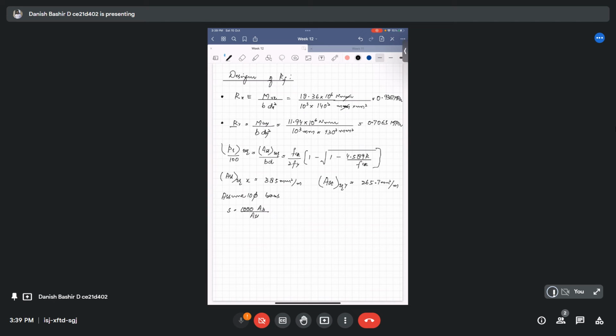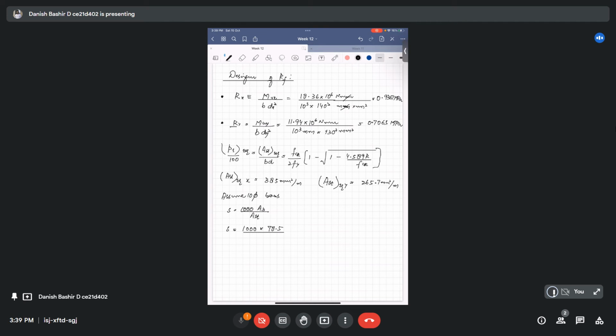Go back to your previous lectures, you will find this formula there, and I have derived it there also. Area of a 10 mm diameter bar is 78.5.